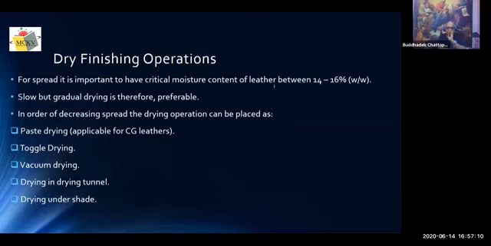Therefore, corrected grain leathers can go for paste drying, not full grain leather. Then comes toggle drying. Then comes vacuum drying. Then comes drying in drying tunnels with a gradient of temperature and airflow in the reverse, countercurrent direction, and then drying under the shade.